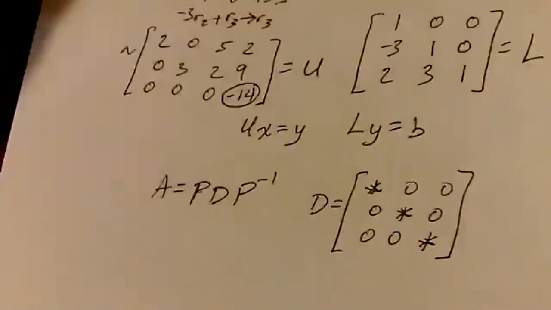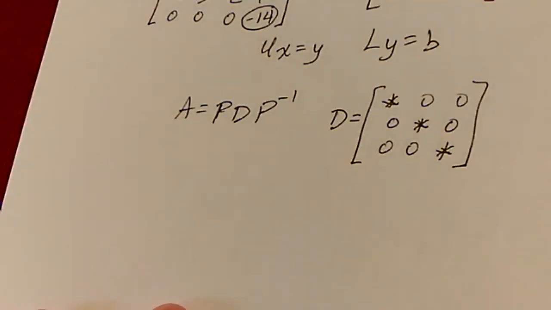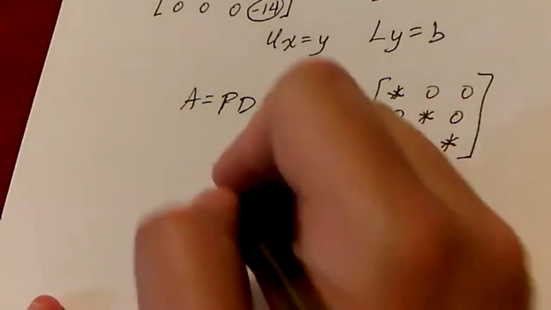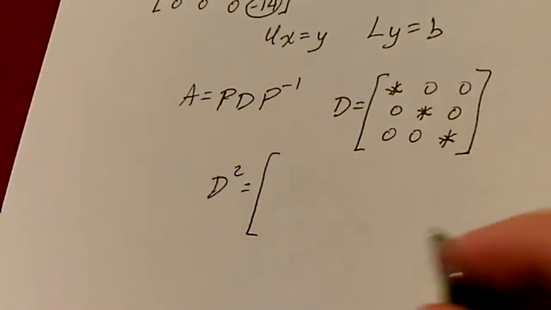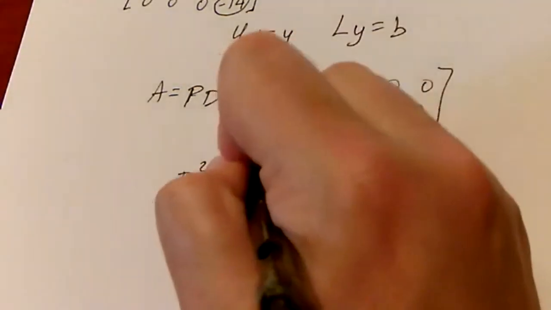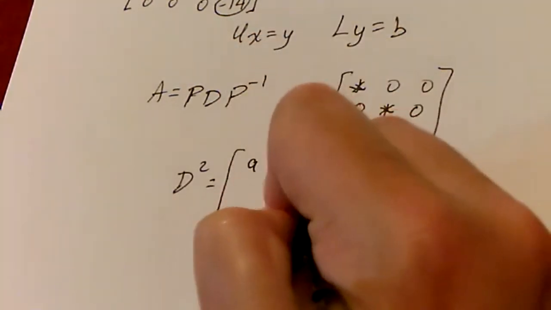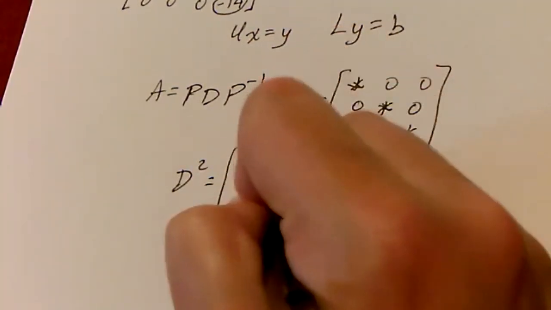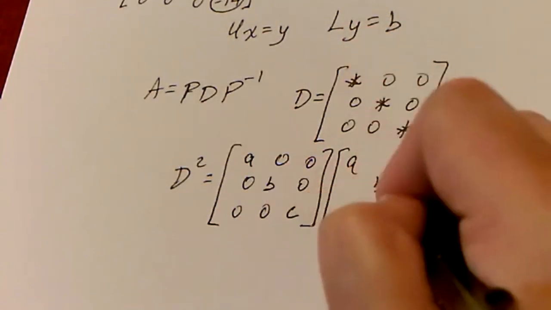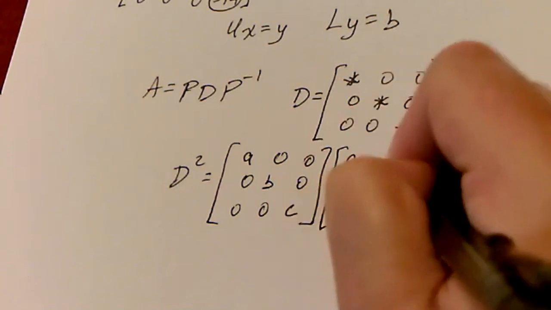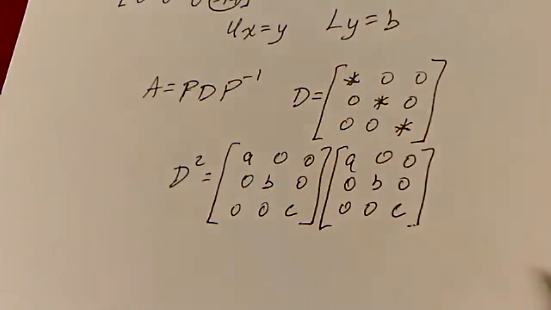Now, diagonal matrices are nice because when you have a diagonal matrix, if I do D squared, when I go to multiply, I'm going to do D times D. So I'm going to call this A, B, and C for my points on the diagonal, just to give them names. And then I'm multiplying by an exact copy of that matrix, A, B, and C. Okay?